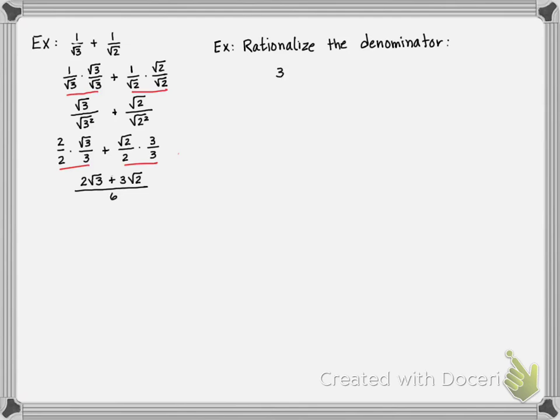So let's do 3 over the square root of 6 plus the square root of 12.